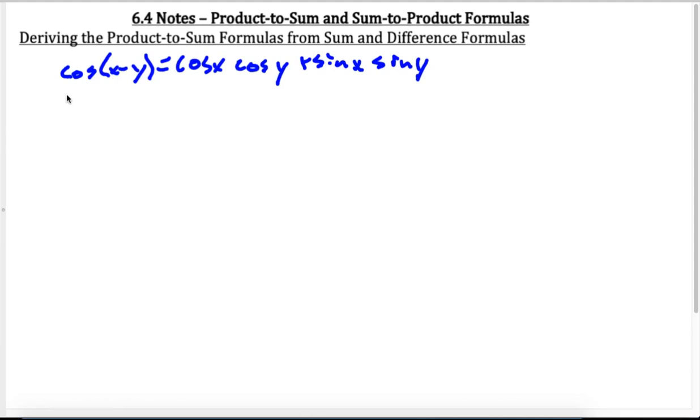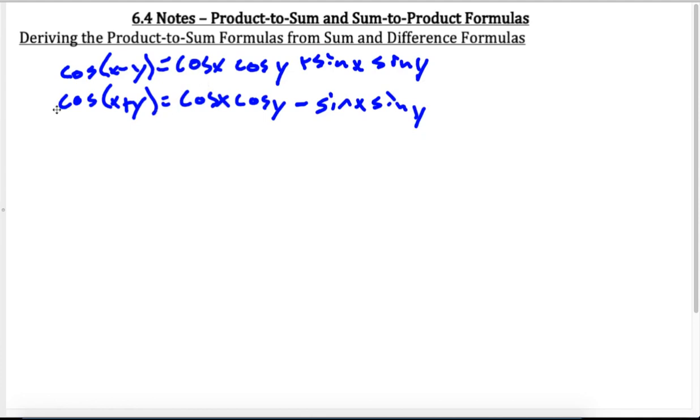And then this was my sum formula. Okay, the only difference between them is this one is addition and then this one is subtraction. And what I'm going to do is add these two formulas together. Okay, so I'm going to add everything.